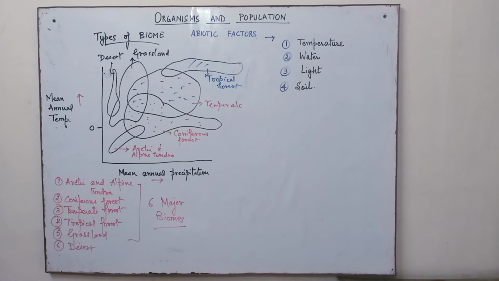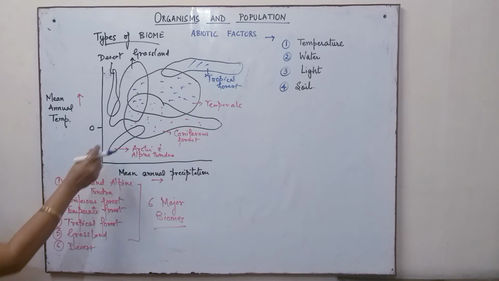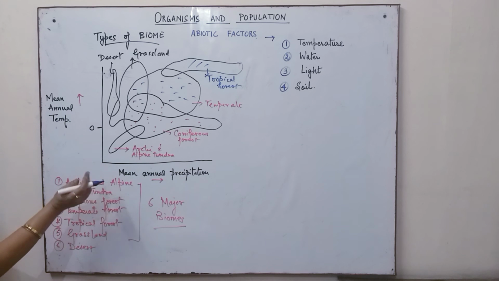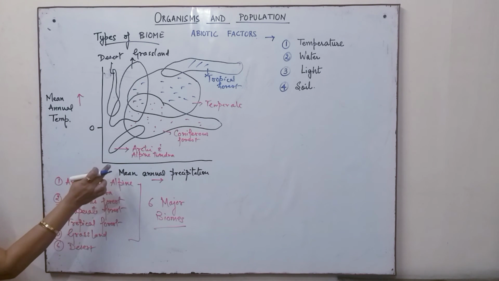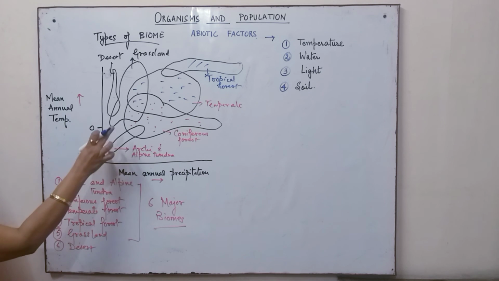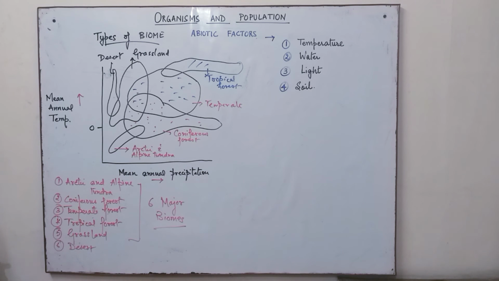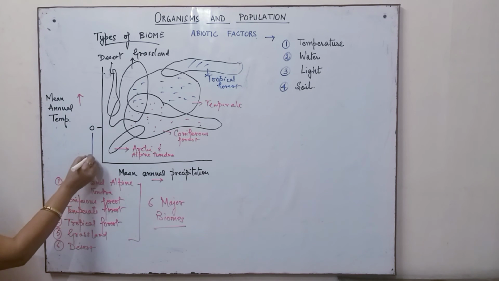Now, let us try and understand this pictorial representation. Here we see Arctic and Alpine tundra. From the picture itself you can make out that over here the mean annual precipitation is not very high, but still it is in the form of snow because the temperature is below sub-zero.